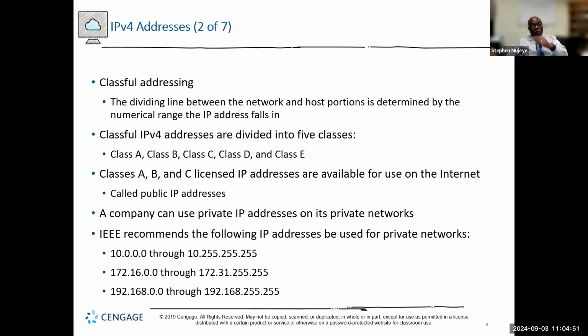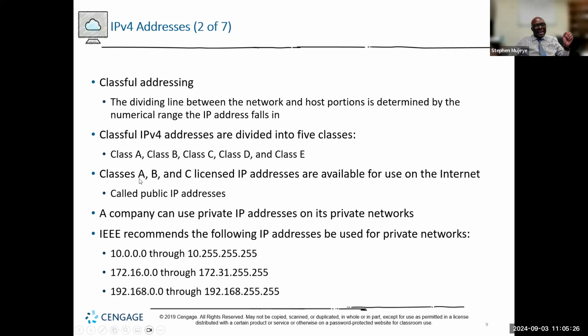Right, and then there's this concept of classful addressing, which has to do with dividing a line between the network and host portions of the IP addresses, by the numerical range the IP address falls into. With classful, there are 5 classes: Class A, Class B, Class C, Class D, and Class E.